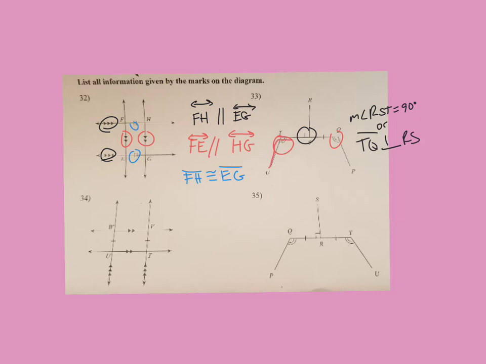Last one is the dashes. The dashes mean congruent segments. So I'm going to say segment TS is congruent to segment SQ, or QS is probably the best way to write it. All right, and that's it for 33.